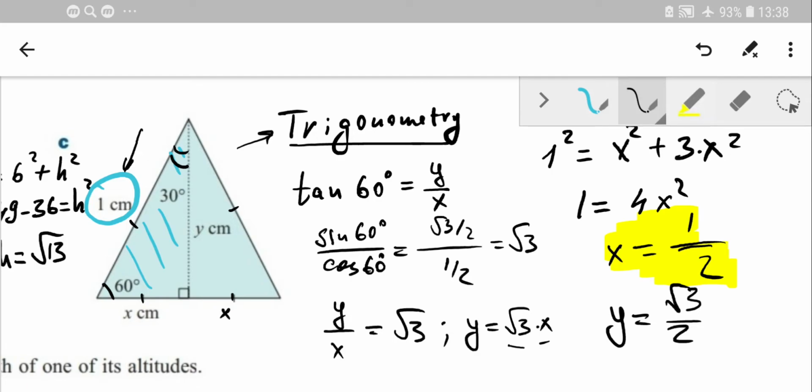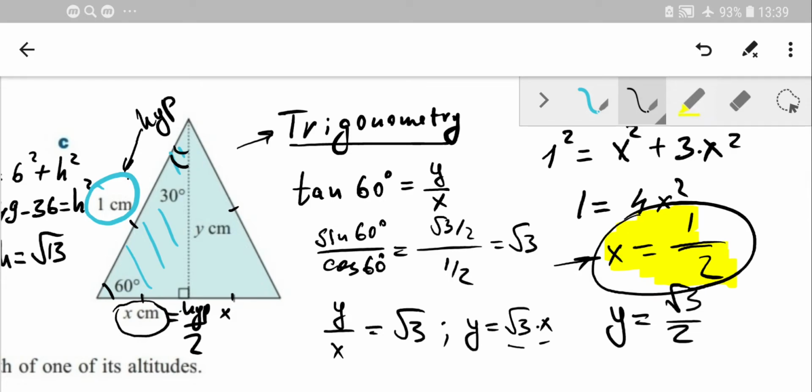You know the following: if this is the hypotenuse, and you have x, which is opposite to the angle of 30 degrees, it automatically becomes hyp over 2. And indeed, we have x to be 1 over 2 here.